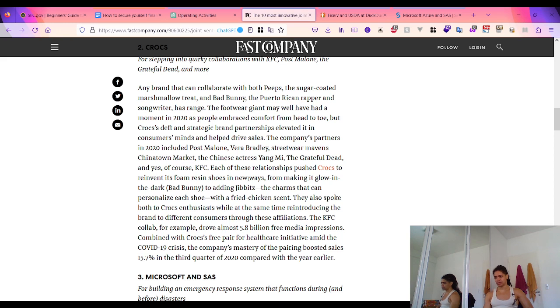The KFC collab, for example, drove almost 5.8 billion free media impressions. Combined with Crocs' free pair for healthcare initiative amid the COVID-19 crisis, the company's mastery of the pairing boosted sales 15.7% in the third quarter of 2020 compared with a year earlier.